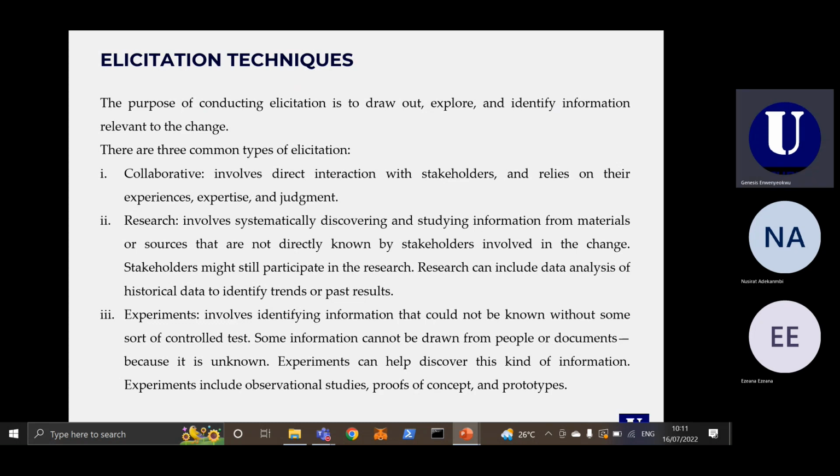In elicitation, feel free to explore, right? It's just like when oil firms are trying to see if there's oil in a particular area, they do what they call exploration.